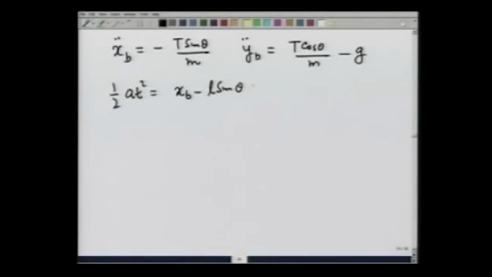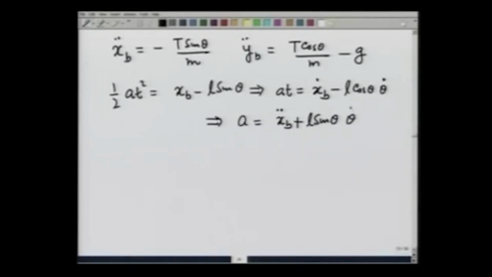If I differentiate this once, it gives me a t equals xb dot minus L cosine of theta, theta dot. If I differentiate it once more, it gives me a equals xb double dot plus L sine theta, theta dot square minus L cosine of theta, theta double dot. And let me call this equation number 3.